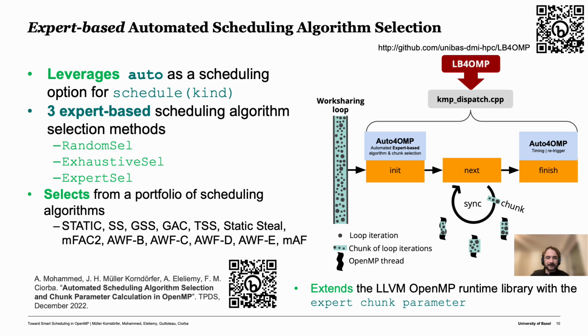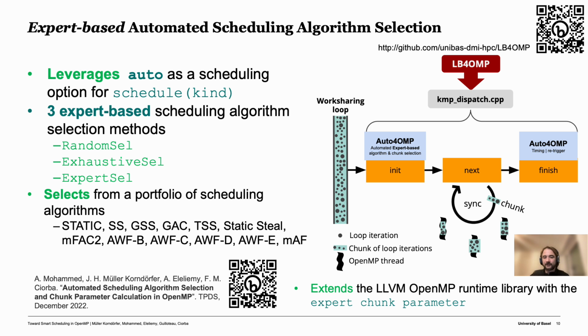And finally, in this work, we also added something we call an expert chunk parameter. So this expert chunk parameter was empirically defined based on numerous experiments where we collected a lot of data and we found out that a value in a certain region usually offers high performance.